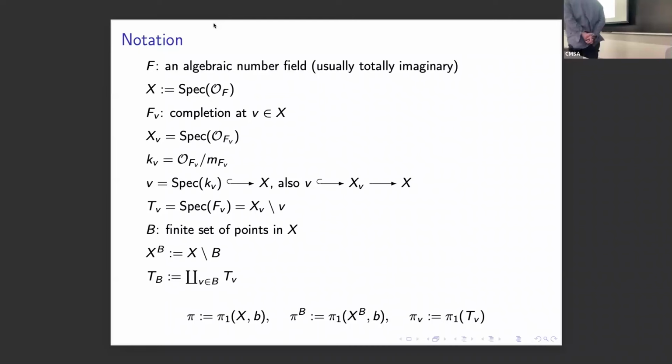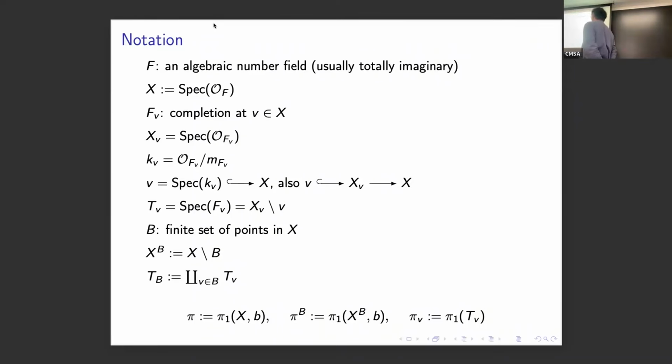I'll denote by k_v the residue field, and I'll use v also for the spectrum of the residue field, which therefore comes with an inclusion into the scheme X. Then T_v will be the spectrum of the completion, so that's X_v, this completed spectrum, minus the point v itself.